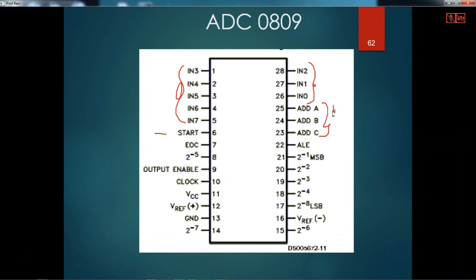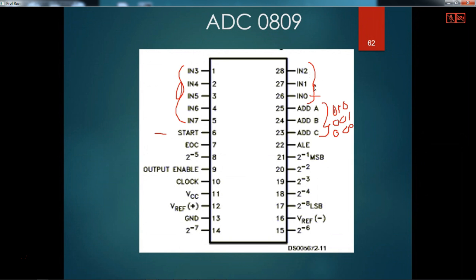If A is 0, B is 0, C is 0, then channel 0 is considered. If it is 1, 0, 0, then channel 1 is considered. If it is 0, 1, 0, then the second channel is considered.